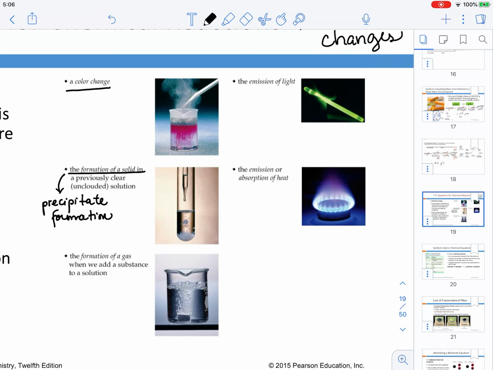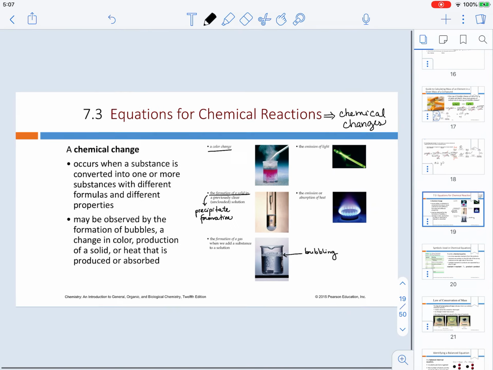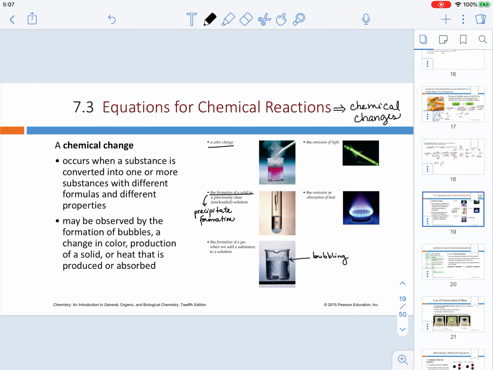The formation of a gas, and because a gas is forming, we're going to see bubbling. The emission of light and the emission or absorption of heat. All of these represent things that we can observe, and it comes as a result of a chemical change specifically.